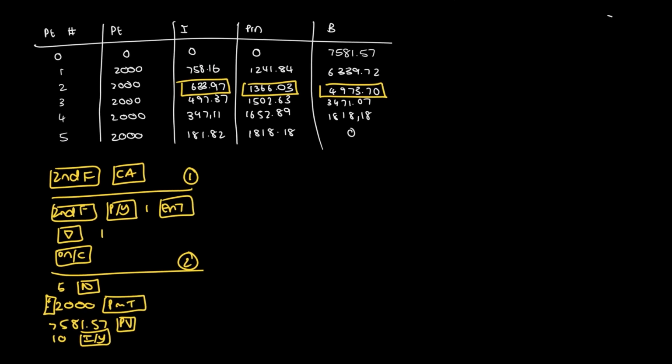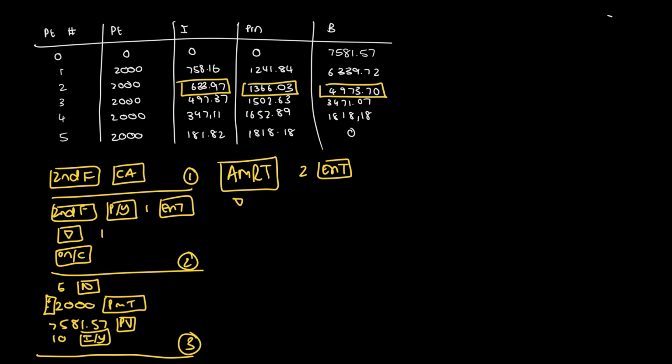So at this point, we are now going to use the AMRT button just as it is. So we're going to push AMRT, and then we're going to be confronted with AMRT P1, and we're going to say P1 is 2, and we're going to push enter, and then we're going to push the down arrow to display AMRT P2, and we're going to push enter.